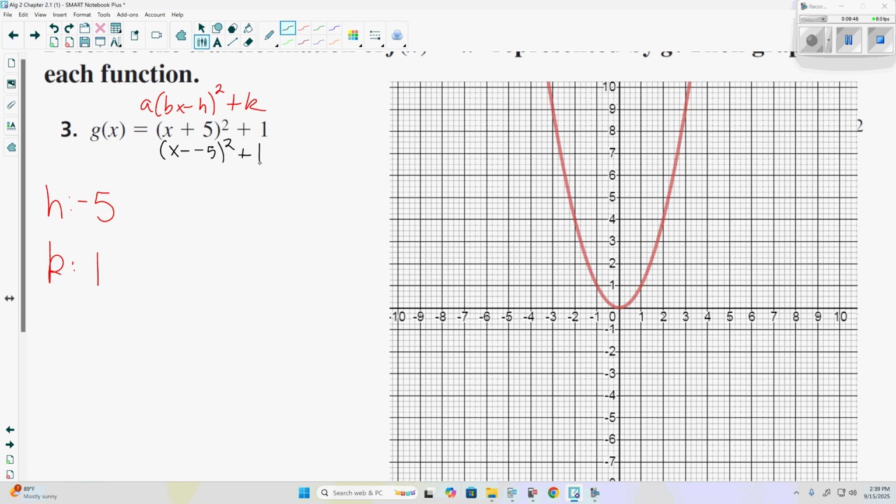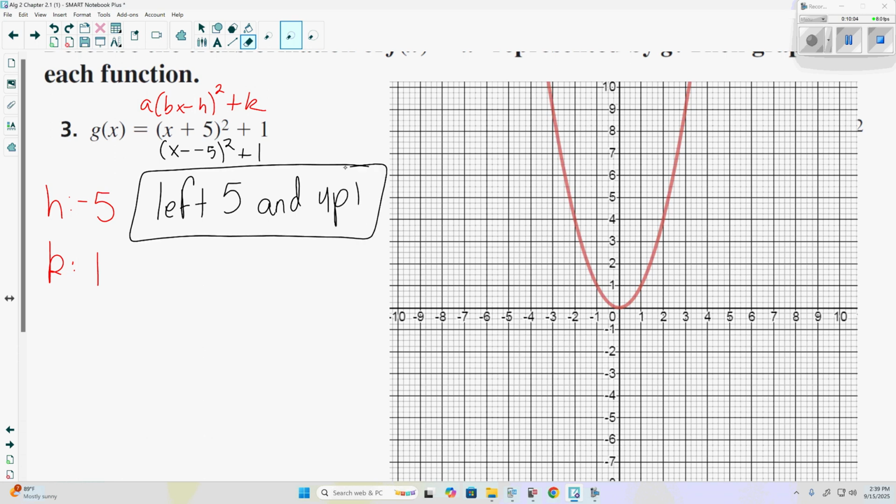So our h value of negative 5 tells us we're moving left 5 and up 1, yes. Left 5 and up 1. And that's it. Questions on this so far?